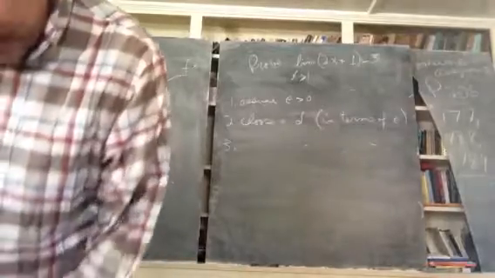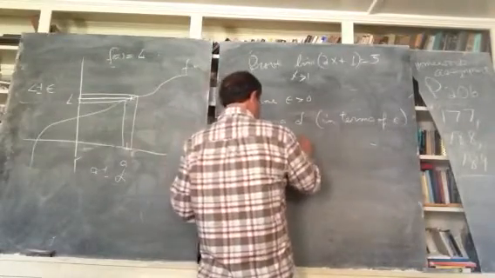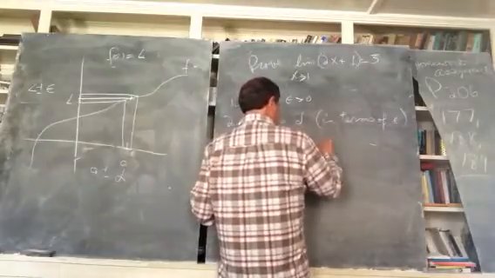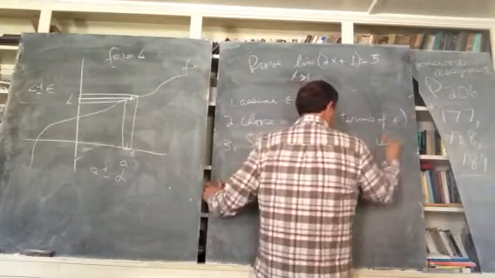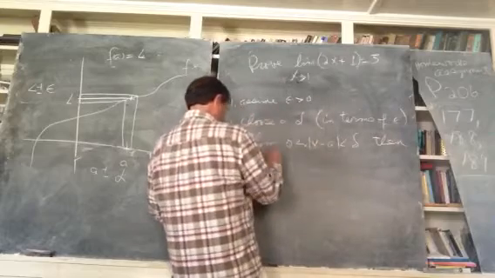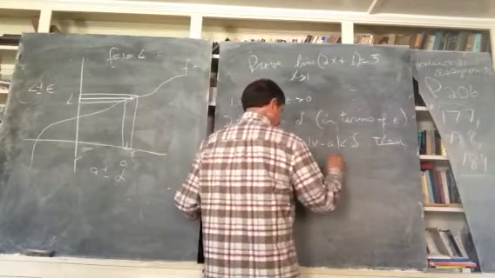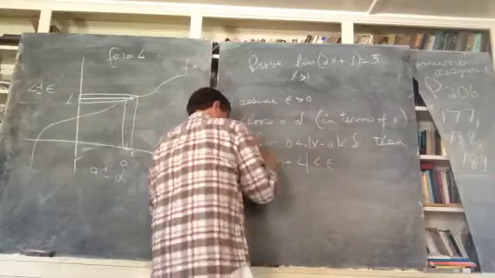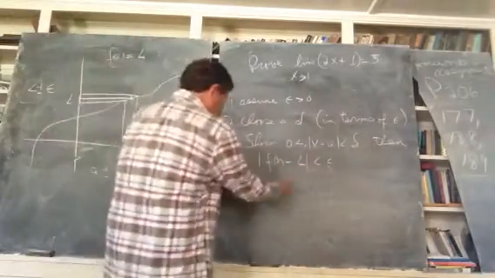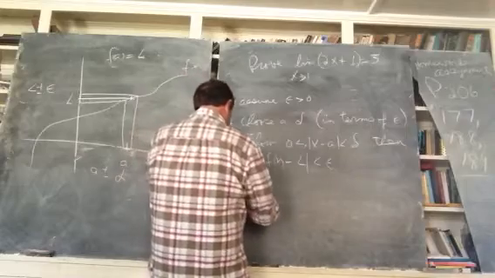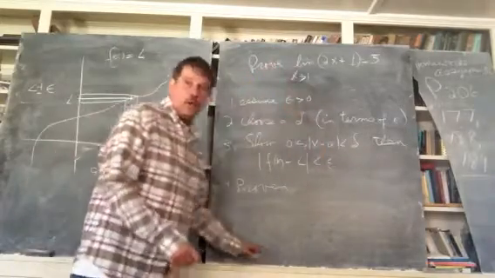The problem-solving strategy is three: show that if 0 is less than absolute value of x minus a, which is less than delta, then absolute value of f of x minus L is less than epsilon. That's what you want to show. And once you do this, it's proven. You're done. So we're going to do it with that problem over here.